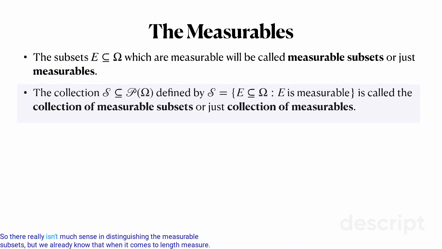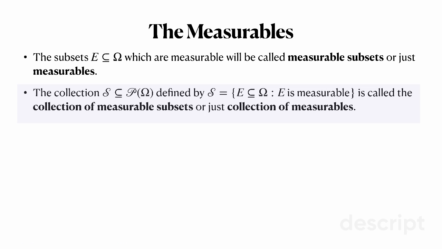So there really isn't much sense in distinguishing the measurable subsets. But we already know that when it comes to length measure, that's exactly the project that we outlined in the previous videos on the history of measure and integration, that we must have some sort of disciplined way of distinguishing which sets are measurable and which ones are not.